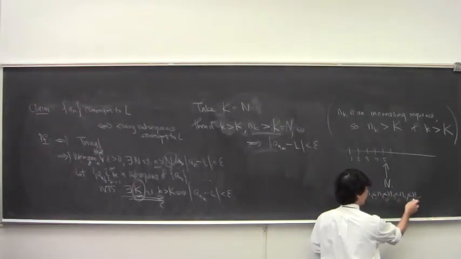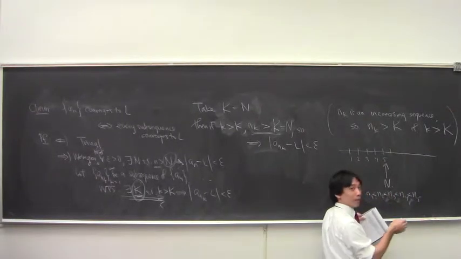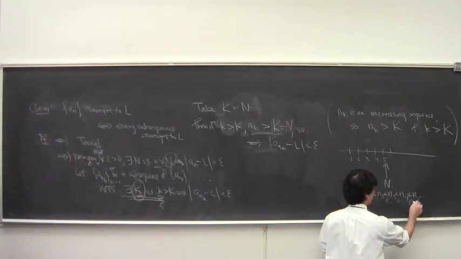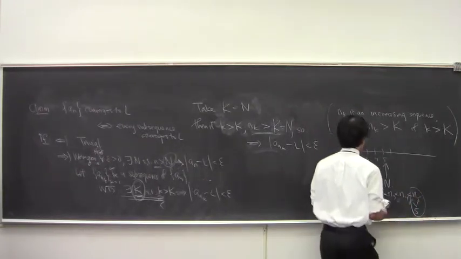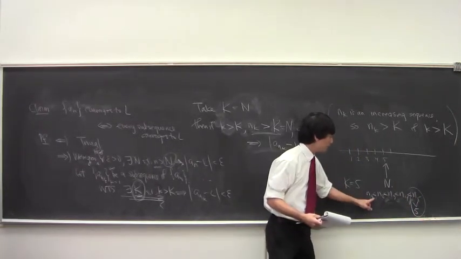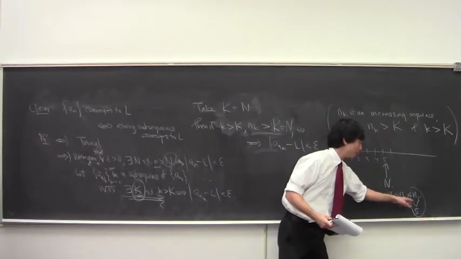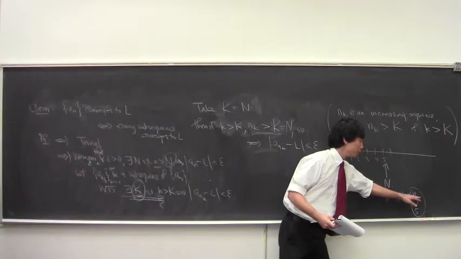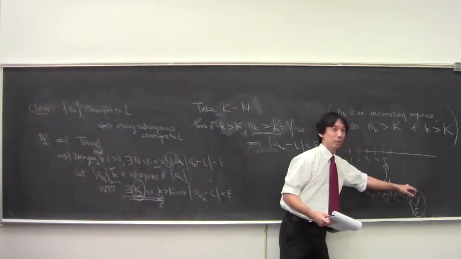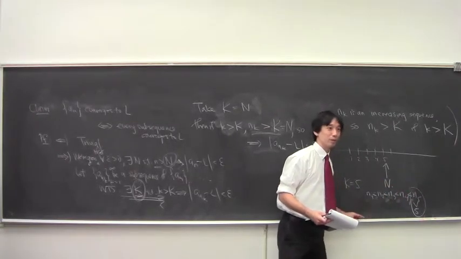But then n5 definitely has to be bigger than 5. So as long as your subsequence's index is bigger than 5, then the original index is going to be bigger than 5 also.